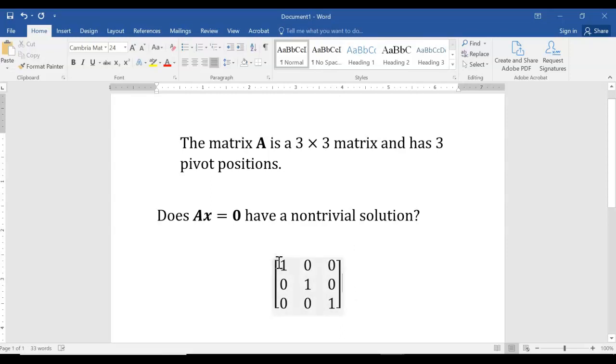And what this is telling us is that x1 has to be equal to 0, x2 has to be equal to 0, and x3 has to be equal to 0. So the only way to get a solution is to have x1, x2, and x3 all be 0. All right? So does it have a non-trivial solution? No. The only solution is the trivial one.